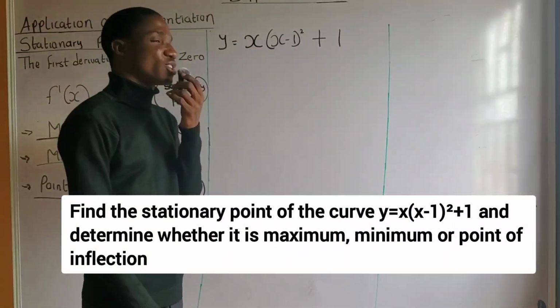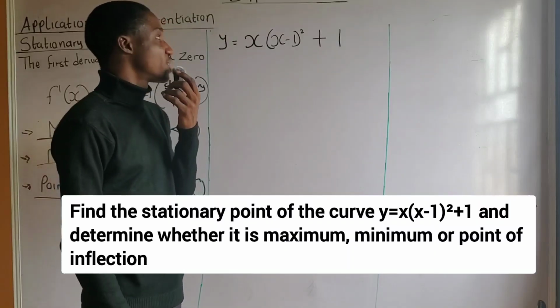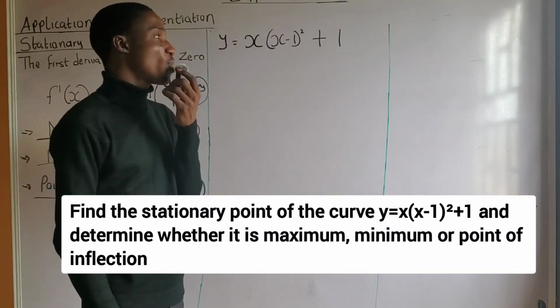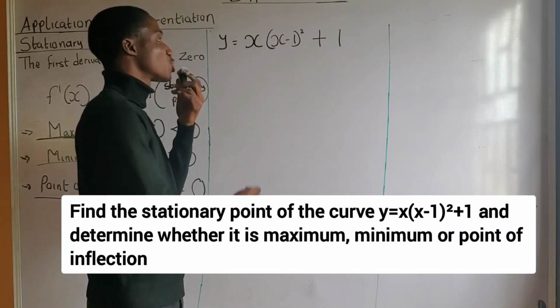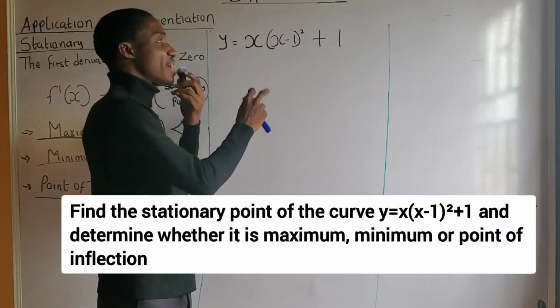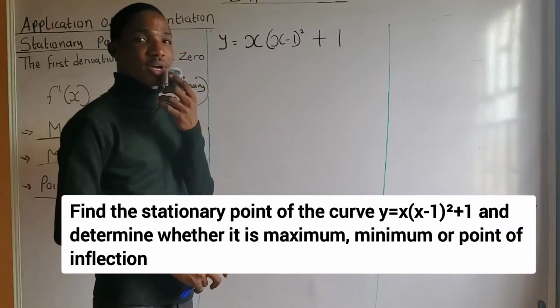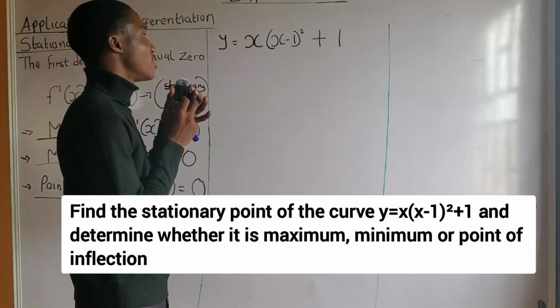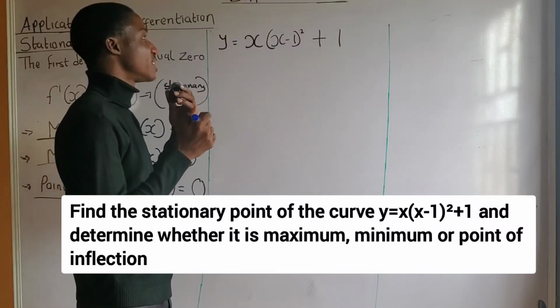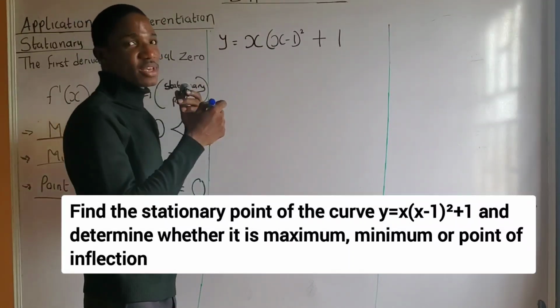Let's consider this question on stationary point. We are asked to find the stationary point of the curve y equals x multiplied by x minus 1 squared plus 1. Okay, before we proceed, let us expand what we have here.